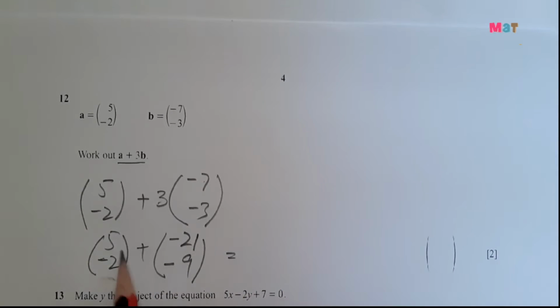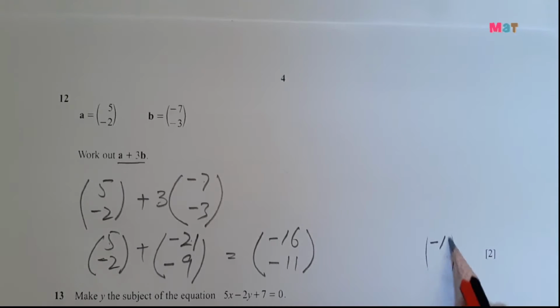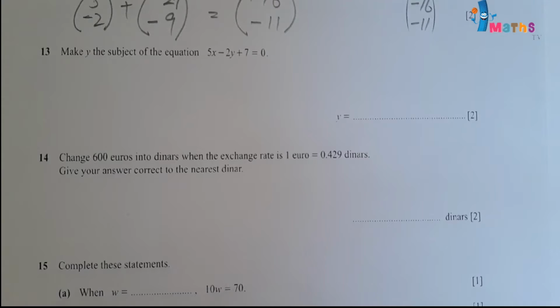Now we can solve this one. 5 minus 21 will be minus 16, and minus 2 minus 9 will be minus 11. So we'll write here minus 16, minus 11. This will be our answer.